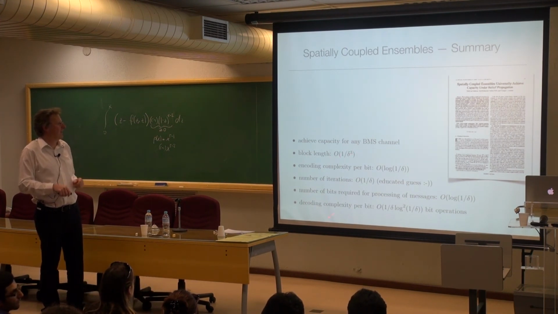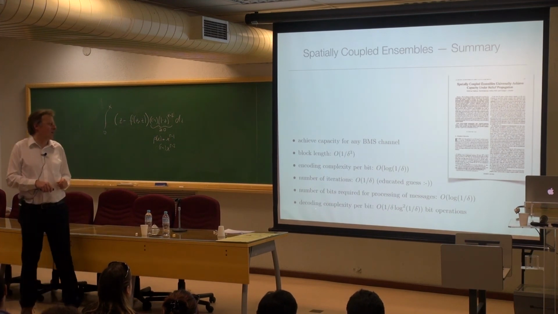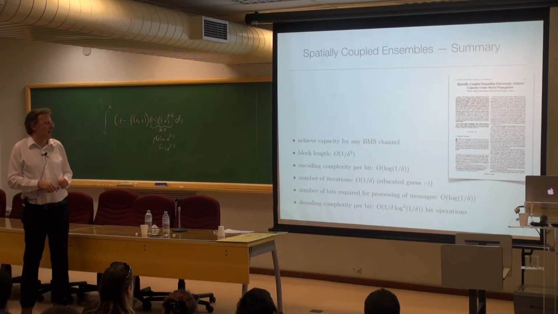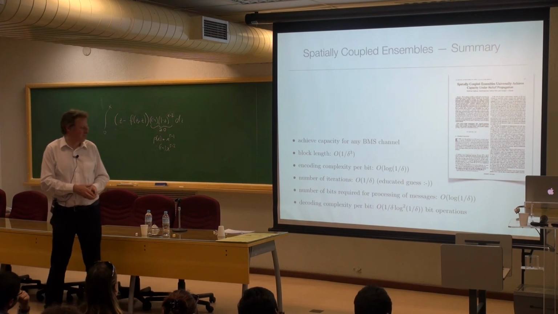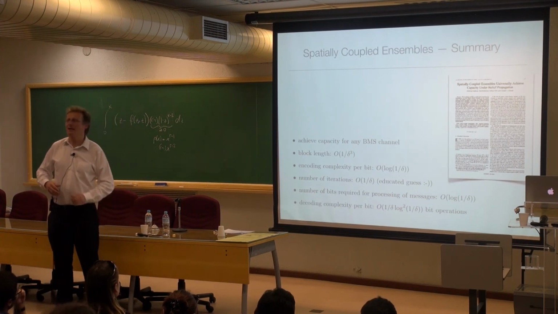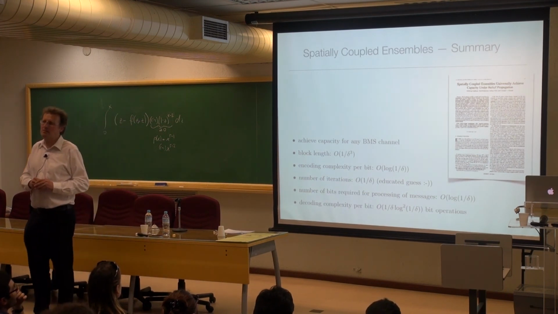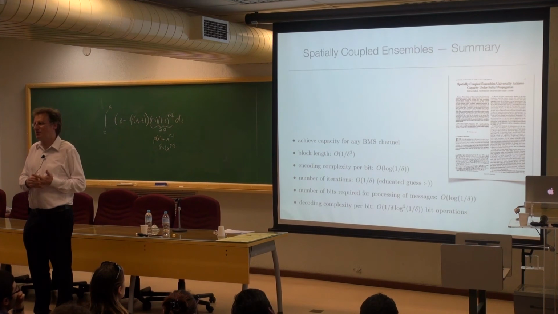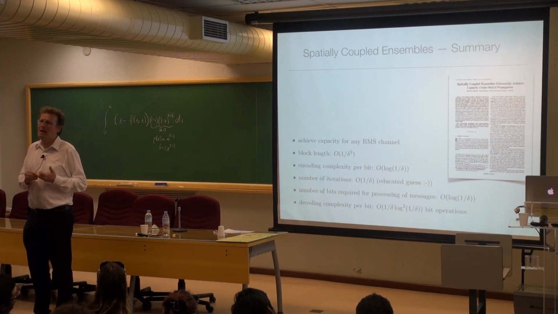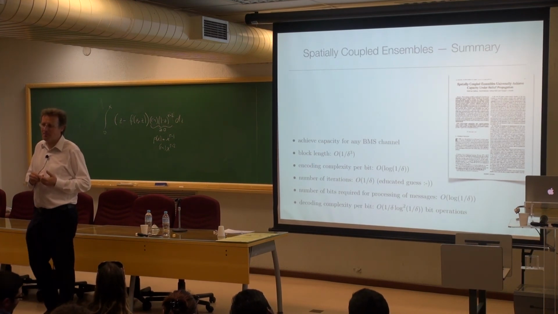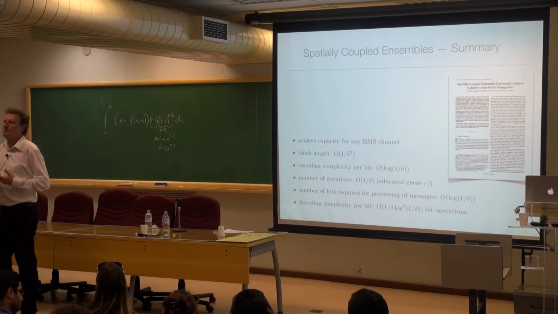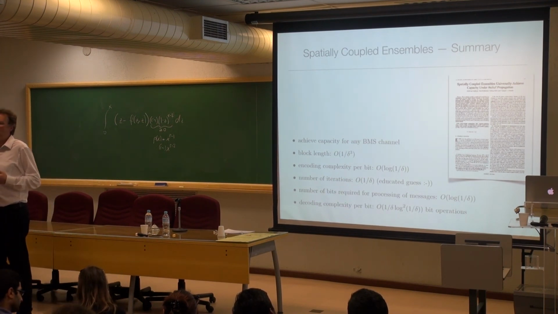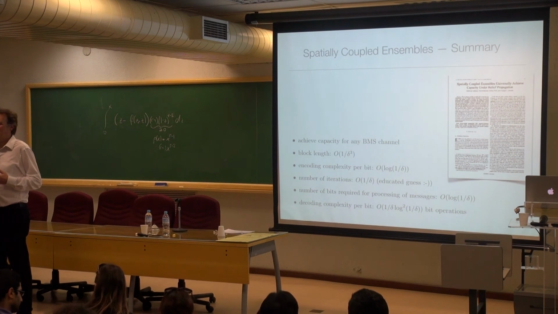And then you can also look at other things, encoding complexity, decoding complexity, etc. In particular, one of the nice things that they have is that they're universal, and that can be quite important for various applications. Let's assume you don't know the channel or something like this. And also you can use the same principle for compressive sensing, which I mentioned, and for some other constraint satisfaction problems like KSAT and so on. So I think it's an interesting technique.